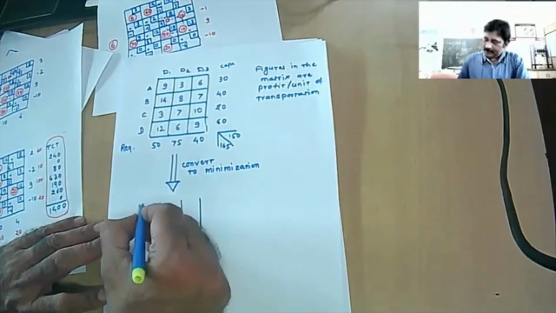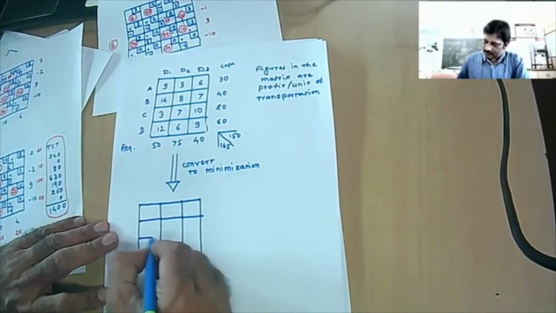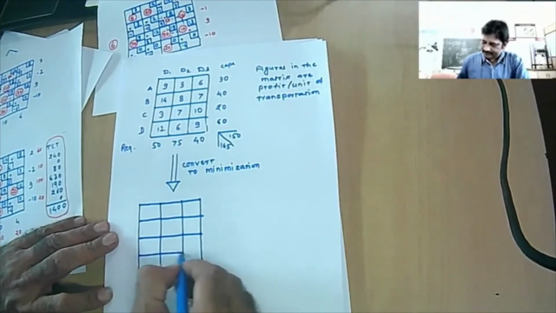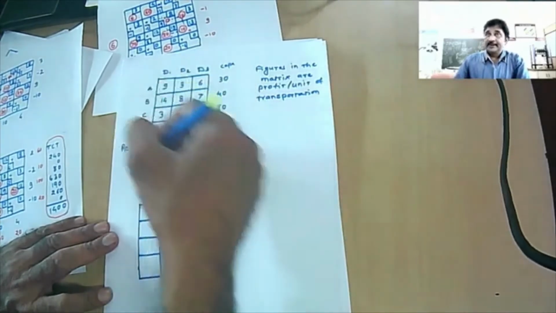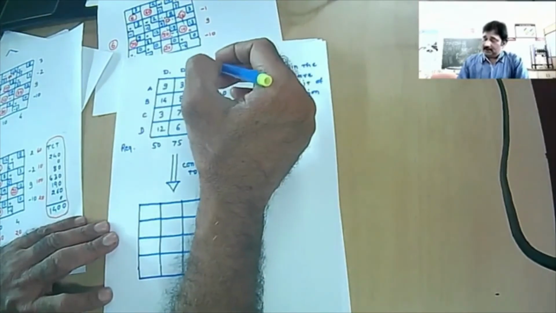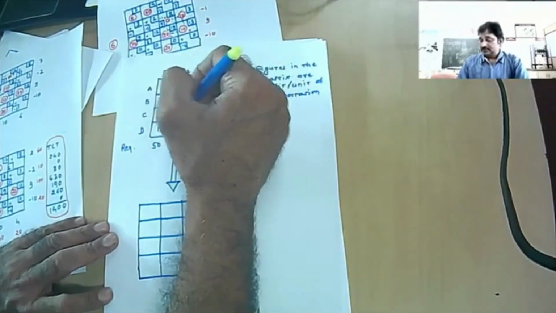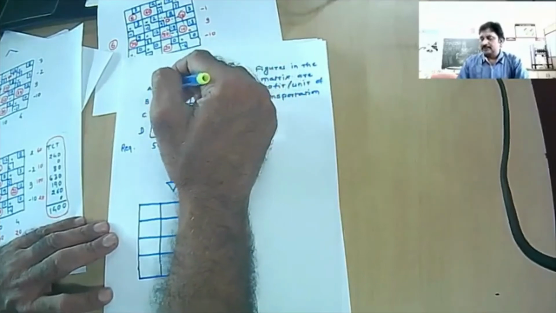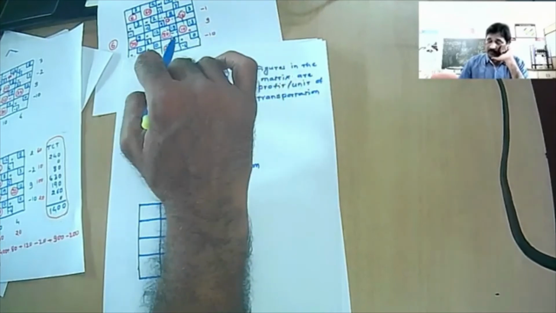So for converting it to a minimization problem, and then we will be taking the action ahead, I'll be finding the maximum number in this matrix, and that is 14. And I'll be subtracting all the values from 14.